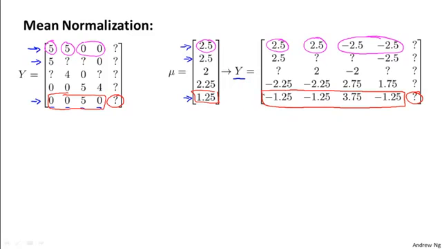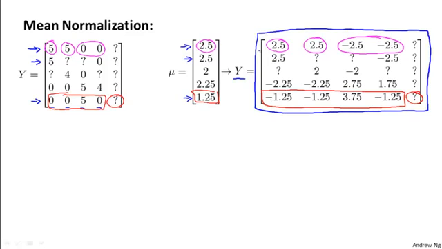What I'm going to do then is take this set of ratings and use it with my collaborative filtering algorithm. So I'm going to pretend that these were the actual ratings I had gotten from the users, and use this as my data set with which to learn my parameters theta j and my features x i from these mean normalized movie ratings.